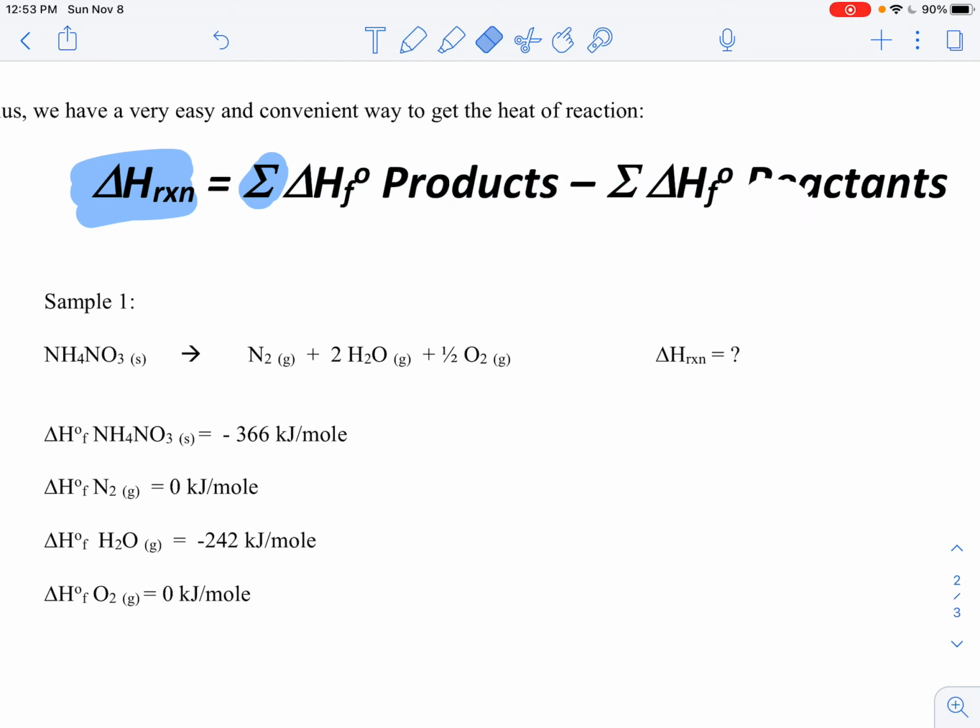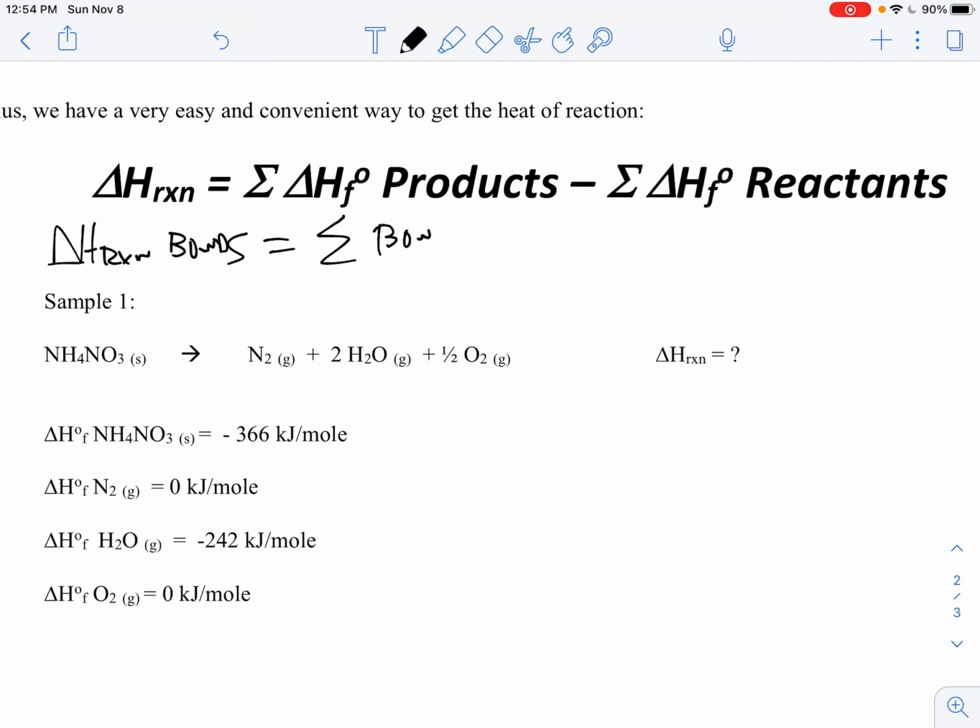Now, for complete disclosure, this looks very similar to the one that we did for the bond energies. Remember the bonds? The bonds is the same equation, but it's reversed. The bonds is the sum of the bonds of the reactants minus the sum of the bonds of the products because of the way that system is enforced.